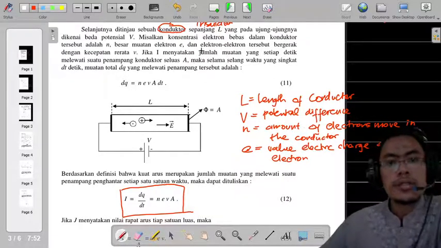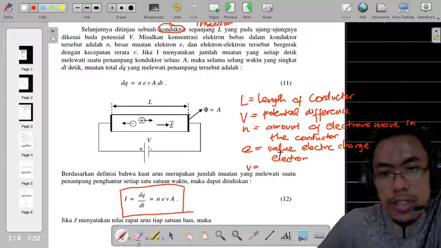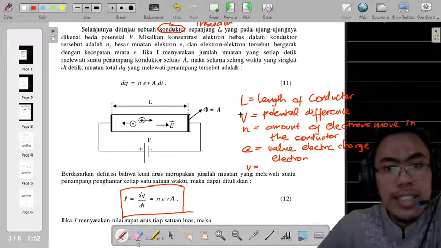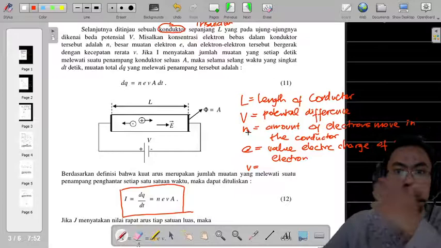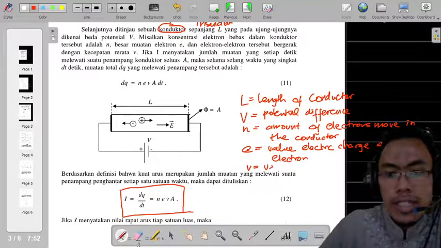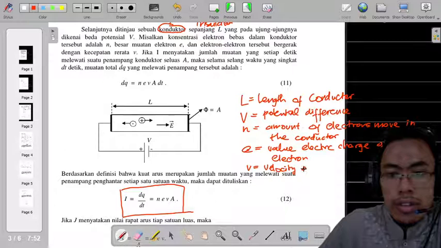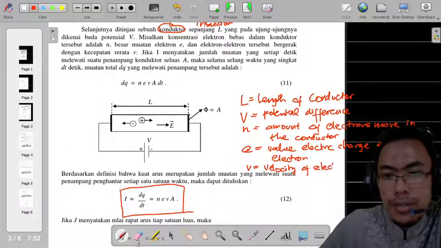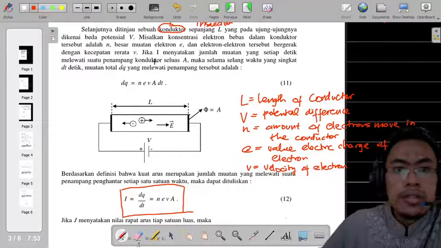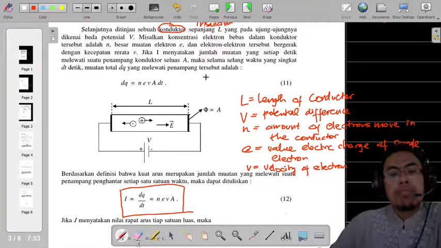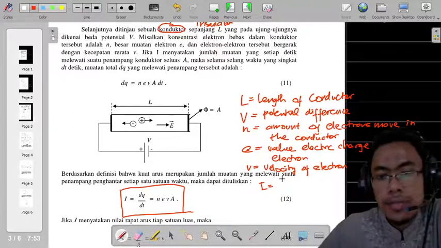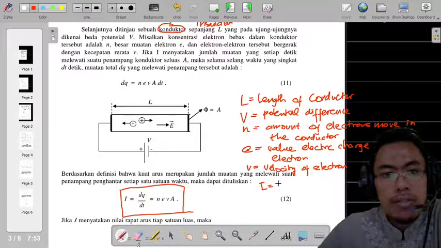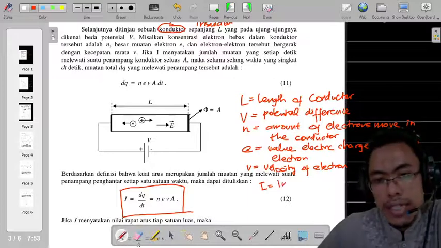And then v is small v, because we have two v's here. The first one is big V, and then the small v is for velocity of the electron. And then I is the intensity of electric current.